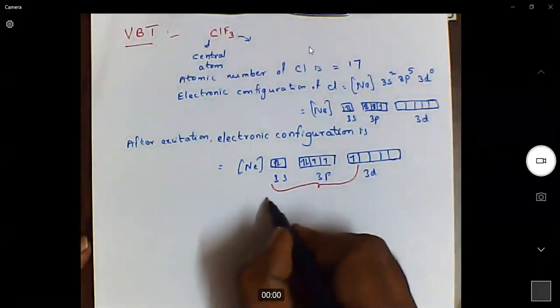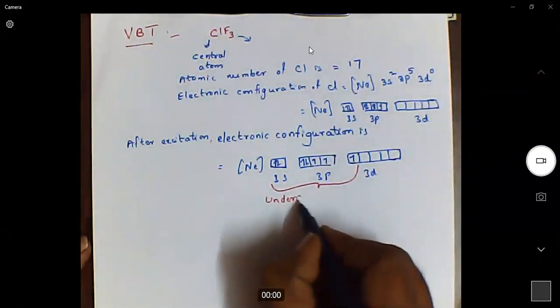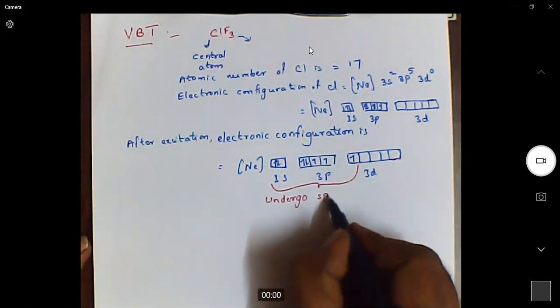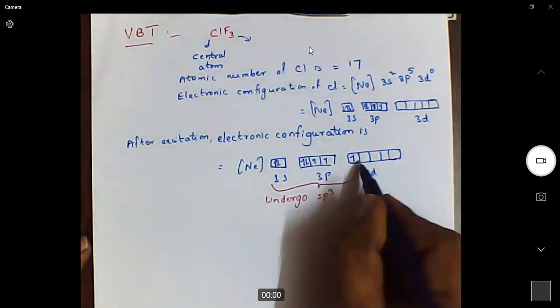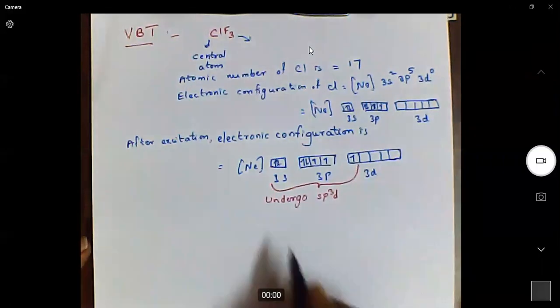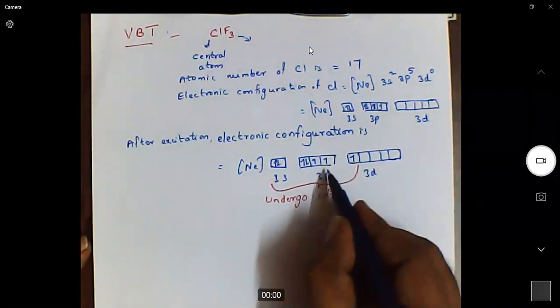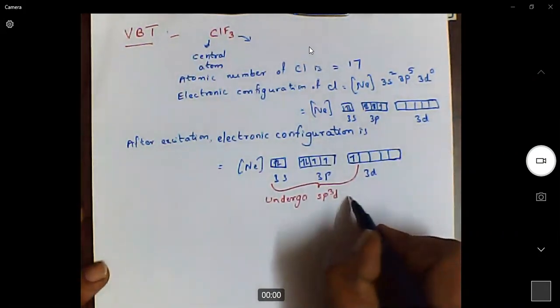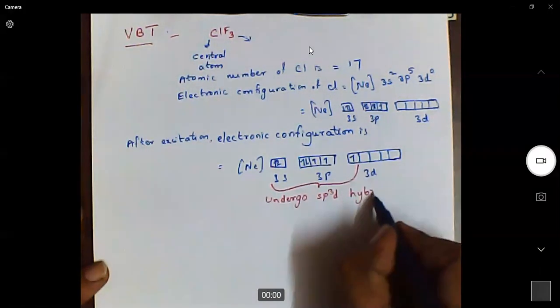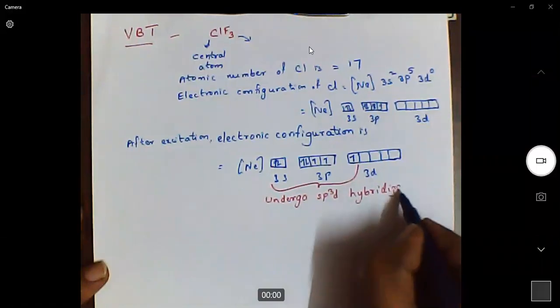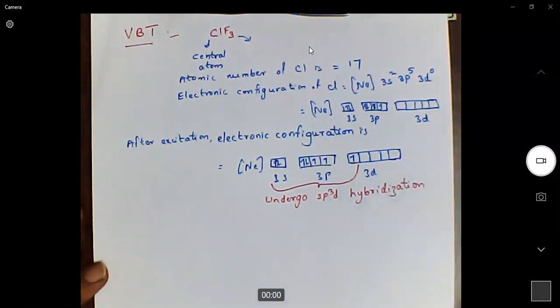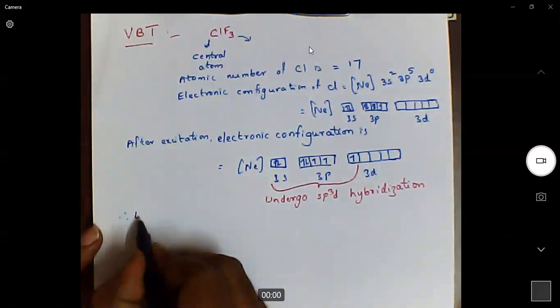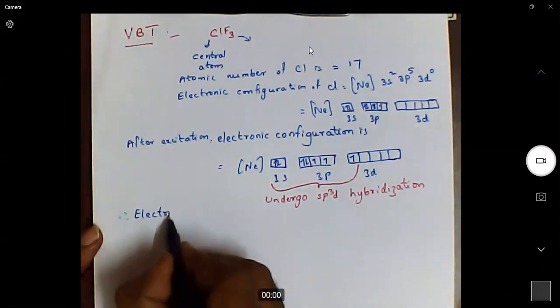So one s orbital, 3 p orbitals and 1 d orbital undergo sp3d hybridization.